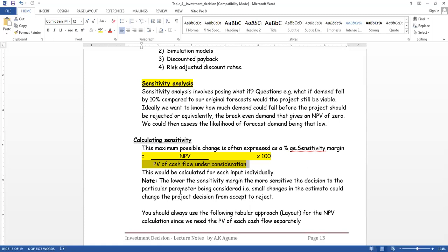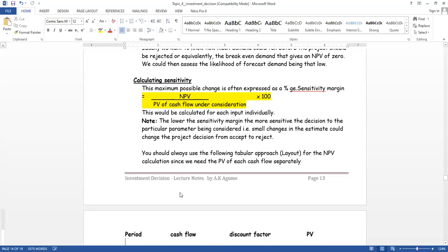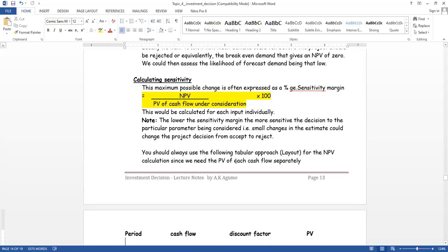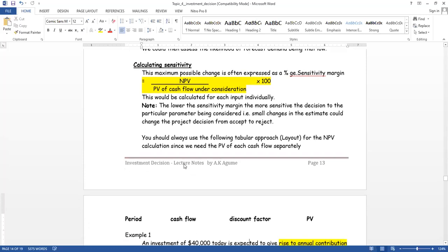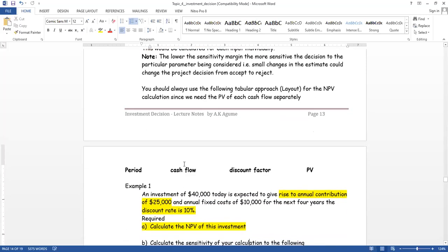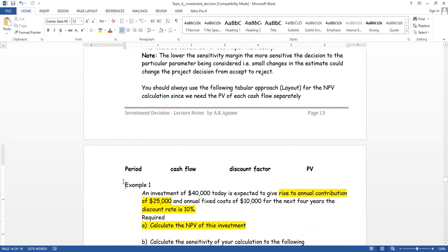Now, if you're computing the sensitivity, you need to follow the tabular approach, the layout for the NPV calculation, since we need the PV of each cash flow. So you have your period, your cash flow, discount factor, and then look at the PV.